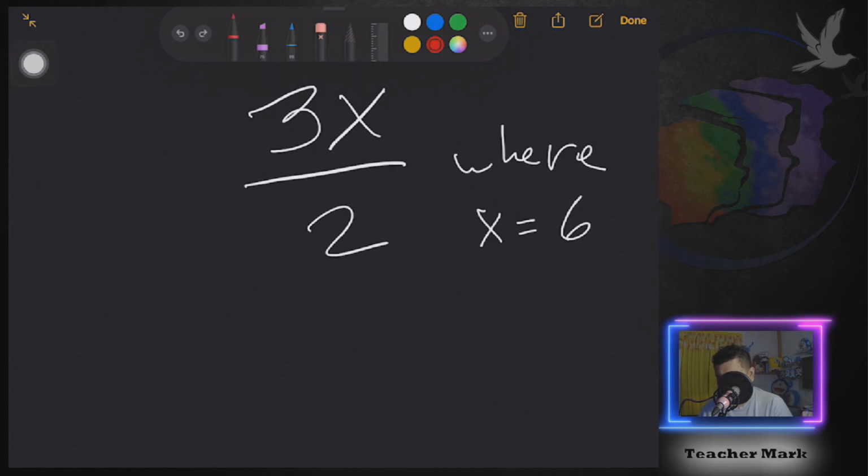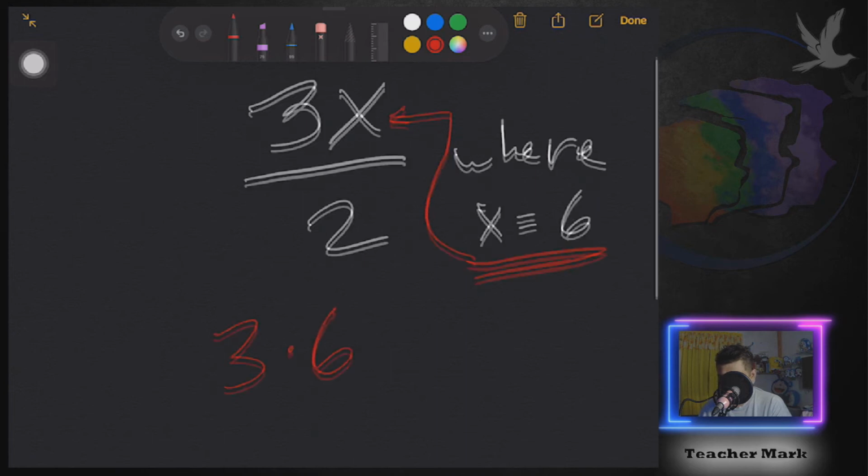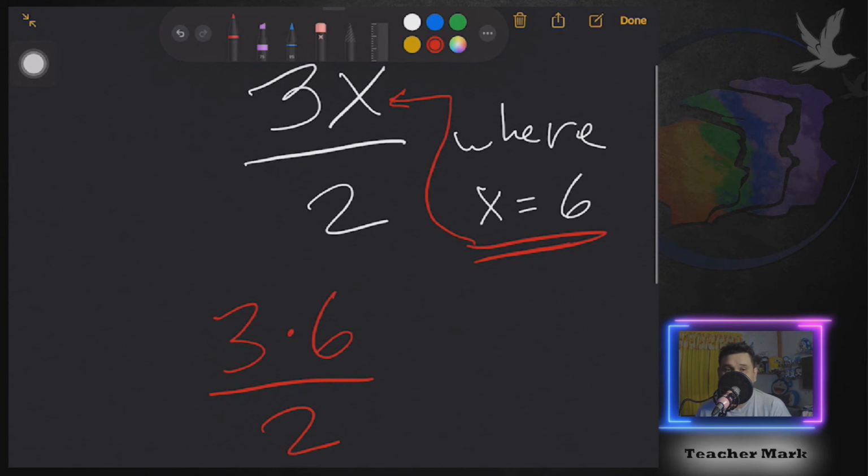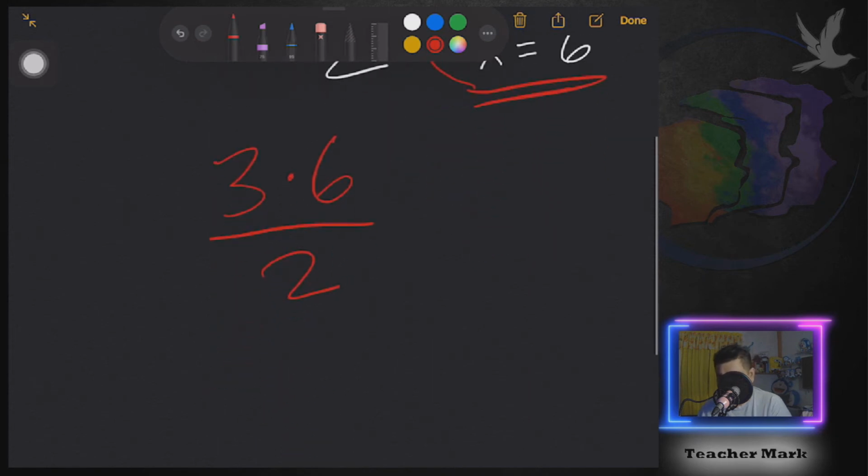Okay, let us now substitute the value of x to the given expression. So we now have 3 multiplied to 6 over 2. So if you can see, we're just rewriting the equation and replacing the value of x, substituting the value of x to the equation. 3 times 6 will give you 18.